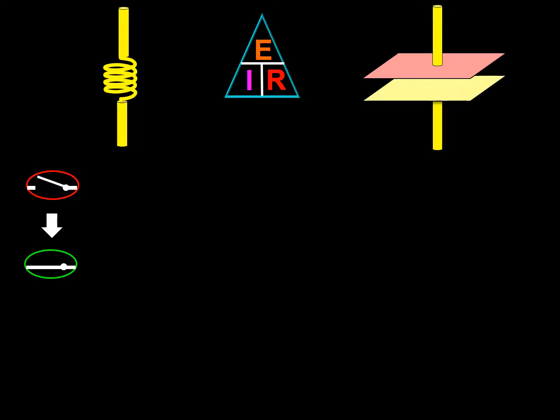The open circuit in red with the arrow pointing to the closed circuit indicates that a connection is being made between the wires, thus allowing the power source to run.